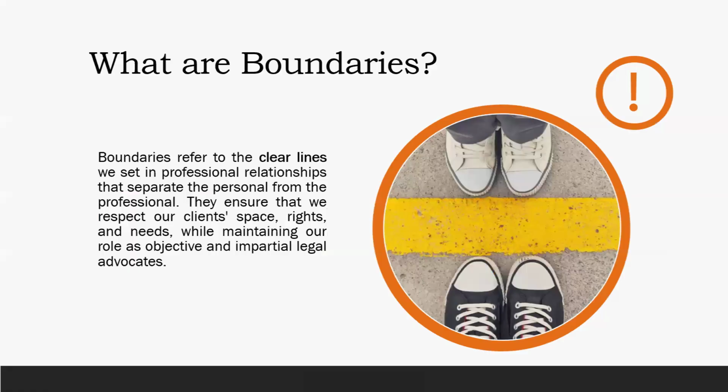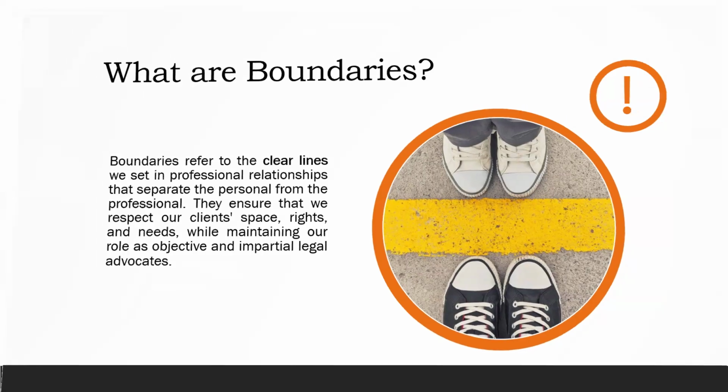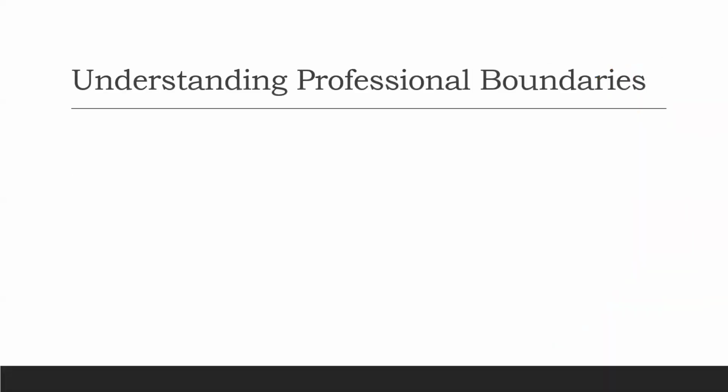Let's start with boundaries. Boundaries refer to the clear lines we set in professional relationships that separate the personal from the professional. They ensure that we respect our clients' space, rights, and needs while maintaining our role as objective and impartial legal advocates. As a student attorney, it is important to understand professional boundaries.